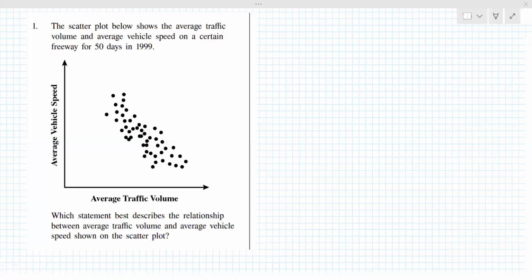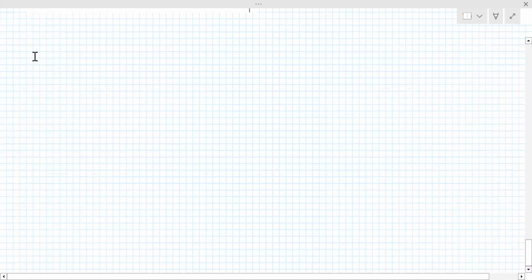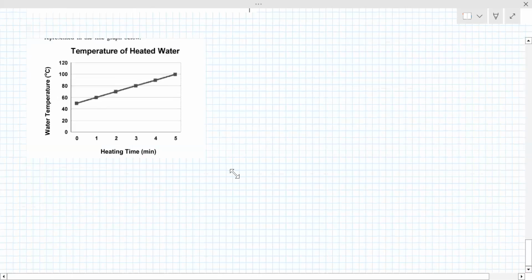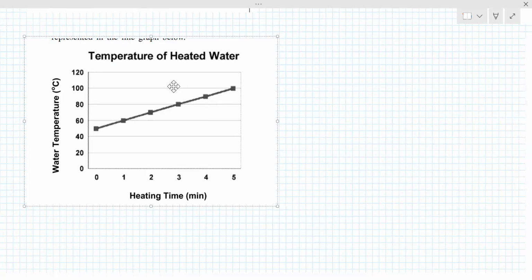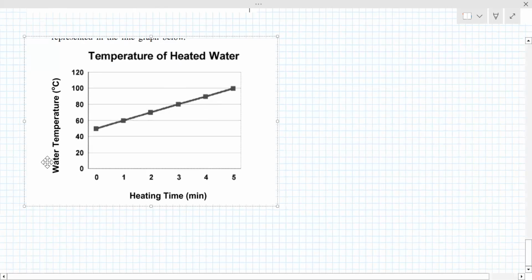Right. So here's another graph for you to look at. All right. So the temperature of heated water, and they're showing you that the water temperature rises as the heating time goes to the right.